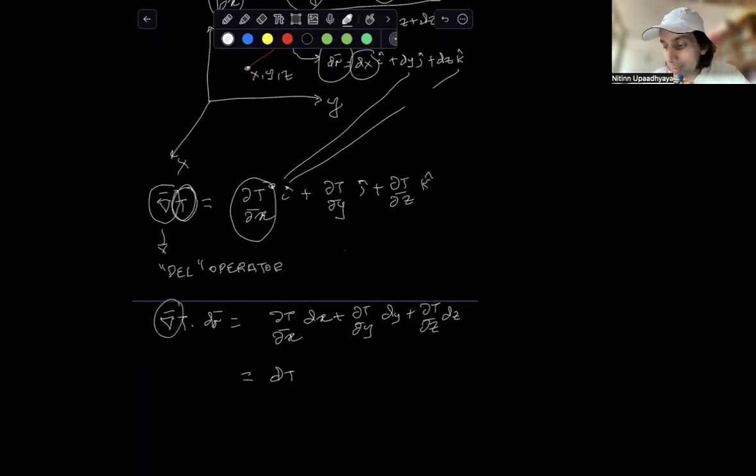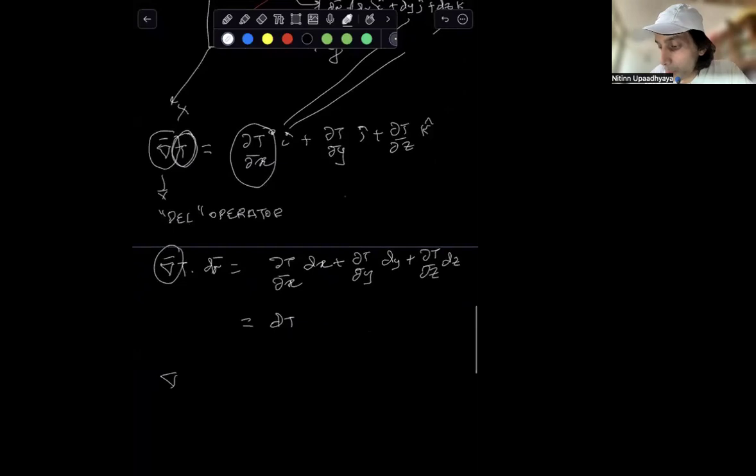This operator, del, which operates on the temperature field, can actually be defined and written in the form ∂/∂x i plus ∂/∂y j plus ∂/∂z k. And it's just composed of partial derivatives, not yet acting on anything, but just composed of the partial derivative operations in each of the three different Cartesian directions.